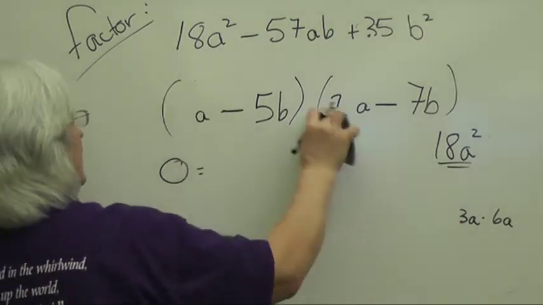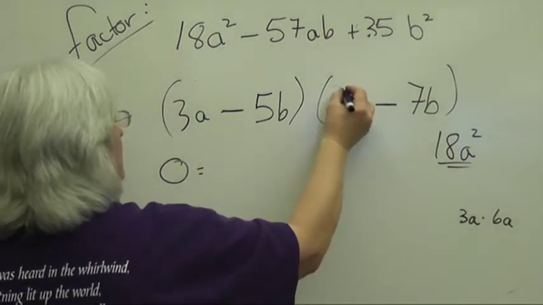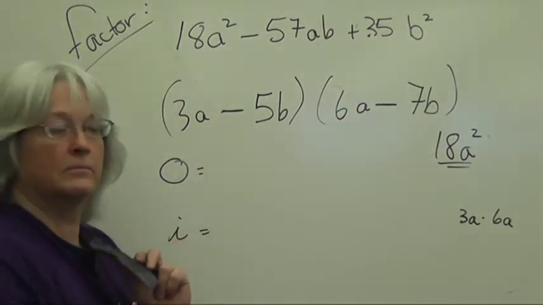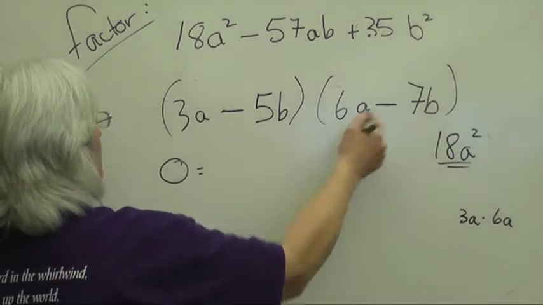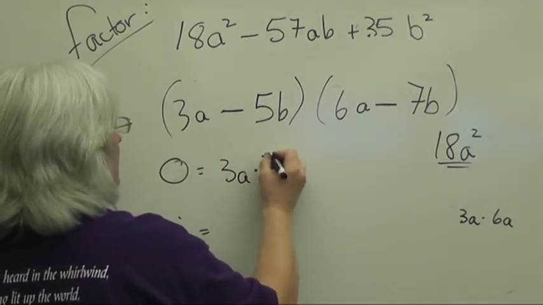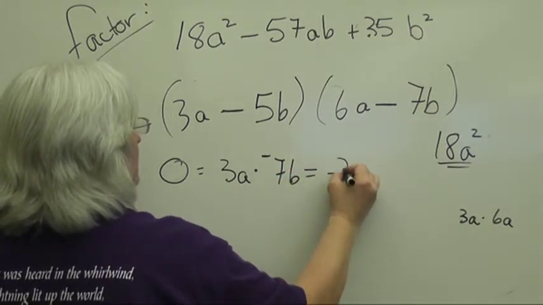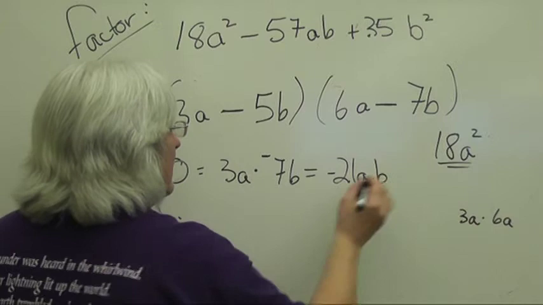3a and 6a. Our outer product, 3a times a negative 7b is negative 21ab.